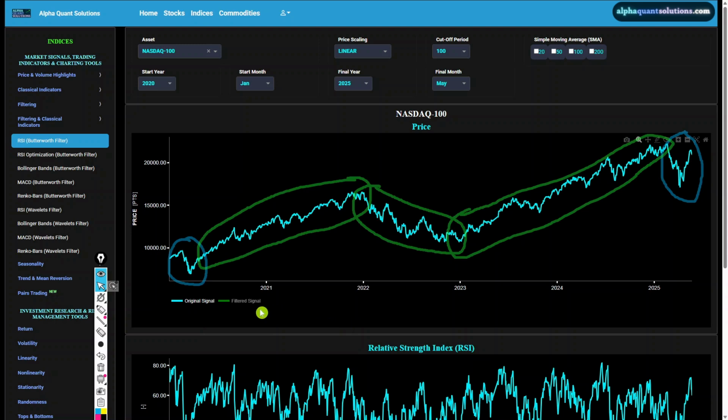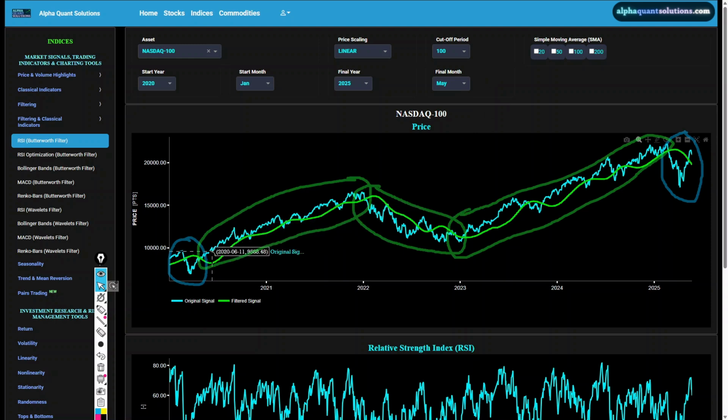And this is why we believe in a filtered version of the price, using, for instance, a Butterworth filter, and this is the example that we show here with this green line, which uses a Butterworth filter with, in this case, a 100-day cutoff period that you can adapt or select here yourself.